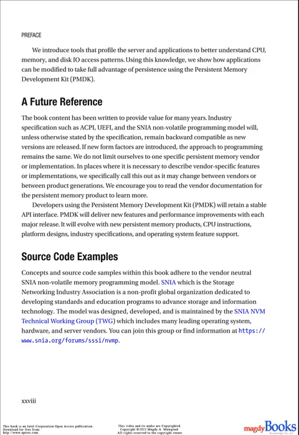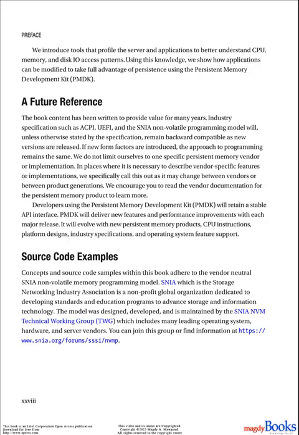Source code examples. Concepts and source code samples within this book adhere to the vendor-neutral SNIA non-volatile memory programming model. SNIA, which is the Storage Networking Industry Association, is a nonprofit global organization dedicated to developing standards and education programs to advance storage and information technology.